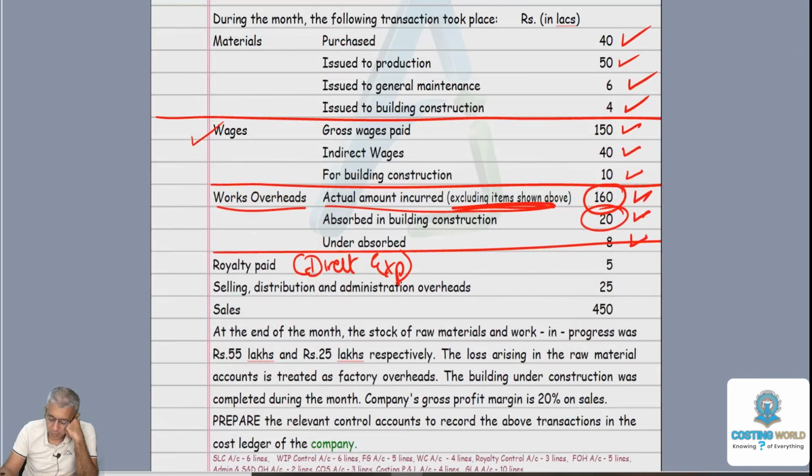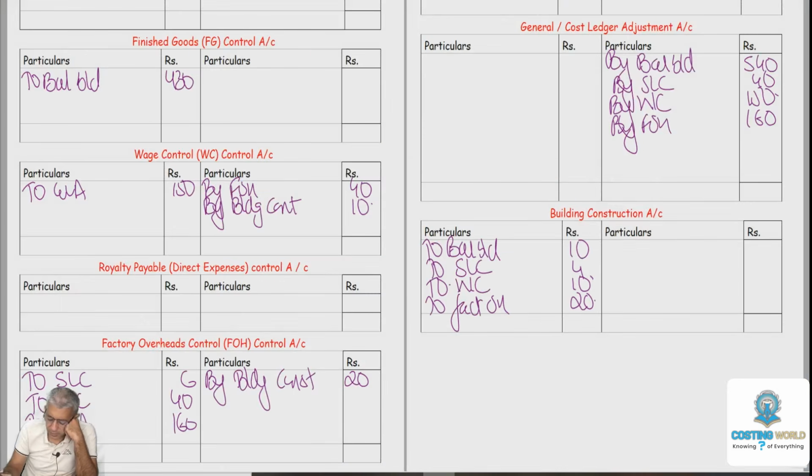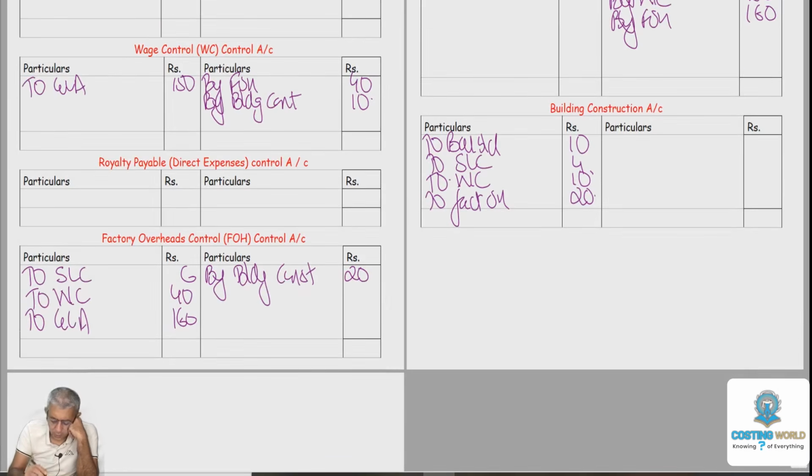Under absorption 8. First of all, under absorption is directly given to you in this particular question. Should I write 8 on the debit side or the credit side? Credit side. Write it on the last line on the credit side, and obviously I cannot write by balance, like by under absorption. So I have to think how to treat under or over absorption. Tell me, in the opening trial balance, was factory overheads there?